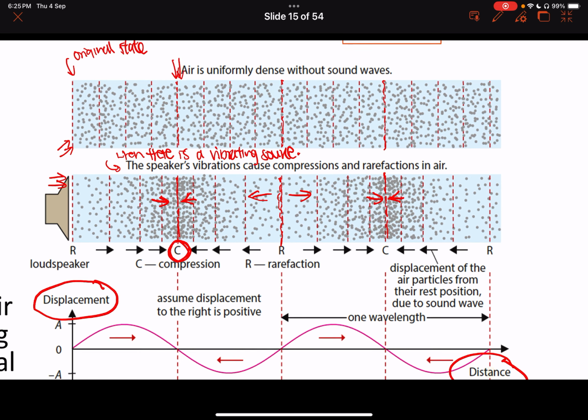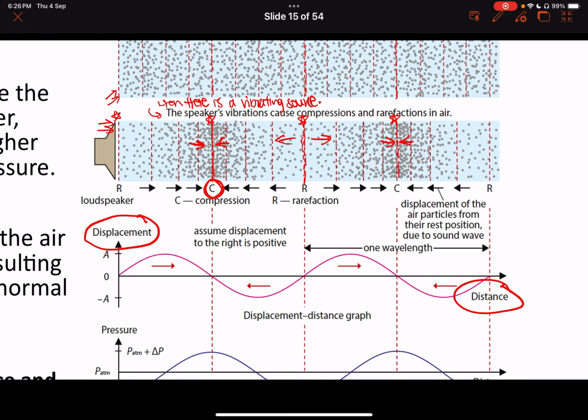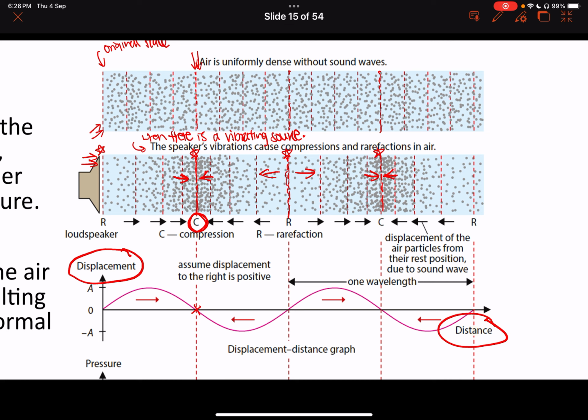So if we were to draw out how the displacement has changed for these four parts compared to its original state, is there any change in the displacement? There wouldn't be any change in displacement. So if there's no change, naturally we'll put our coordinates falling on the axis itself because there's no change in the displacement.